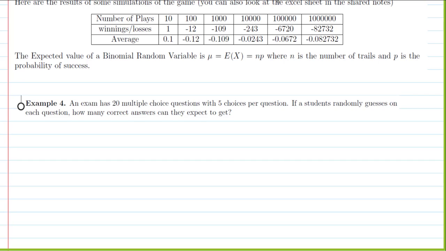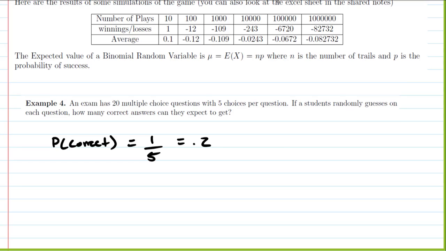So an exam has 20 multiple choice questions with 5 choices per question. If a student randomly guesses each question, how many correct answers can they expect to get? So in this case, we have 5 choices per question with 1 correct, so the probability of correct is going to be 1 out of 5, or 0.2.